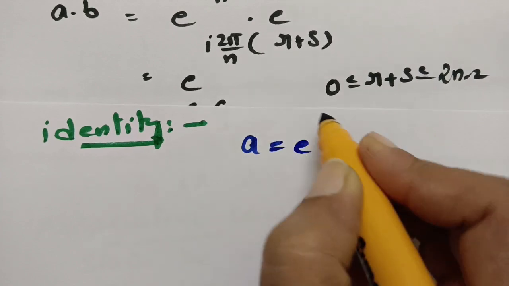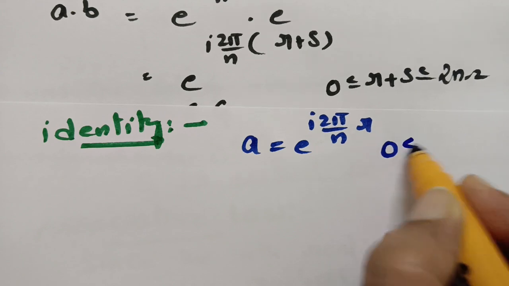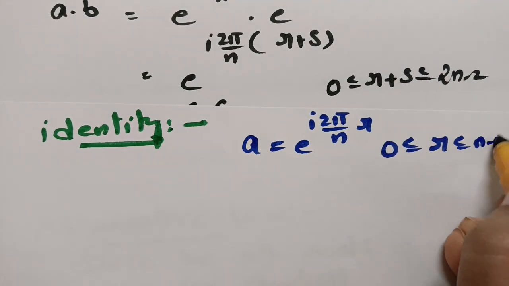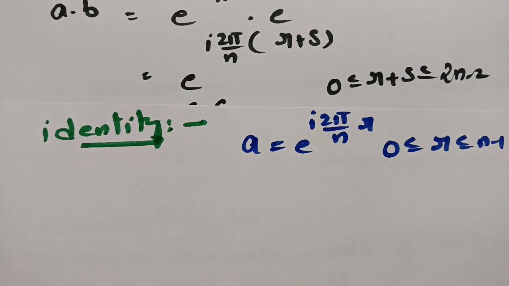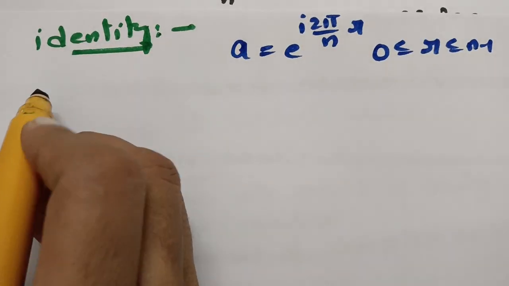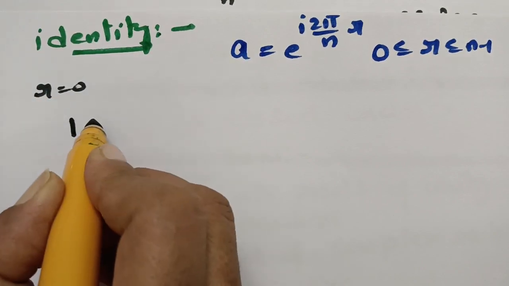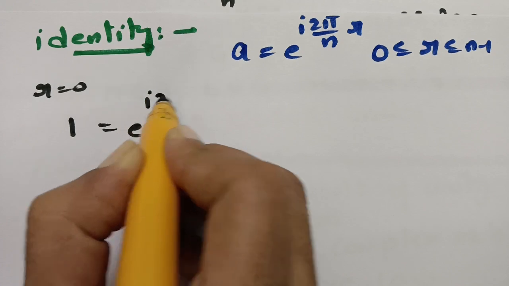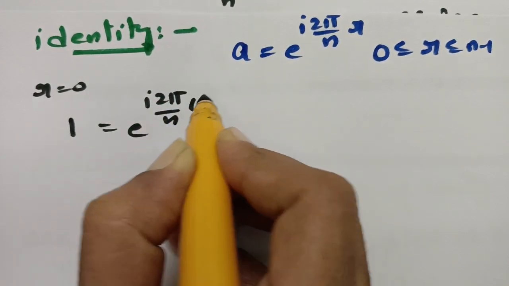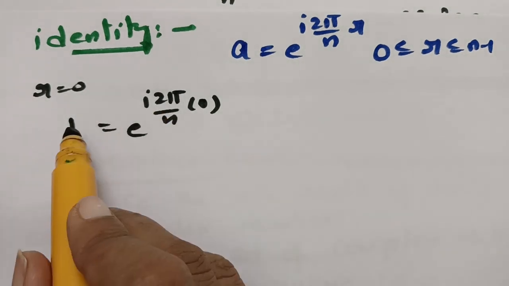A is equal to e power I 2 pi n into some R, where 0 less than or equal to R less than or equal to n minus 1. And this time I am taking 1 as, if I keep R equal to 0, then e power I 2 pi by n into 0, this value is 0. So anything to the power of 0 is 1.